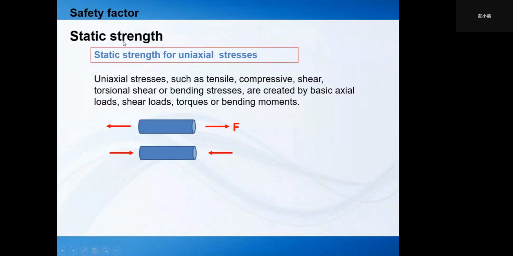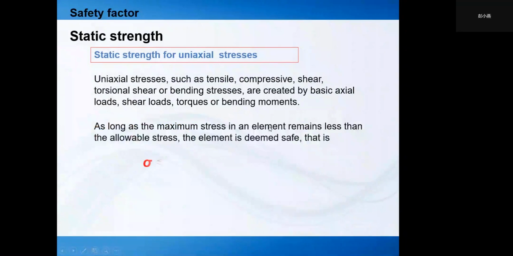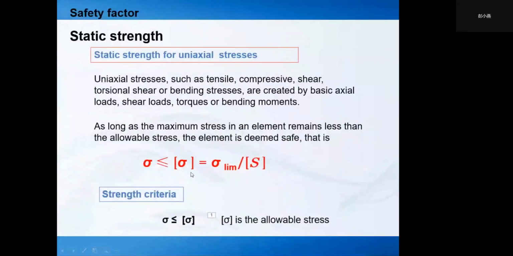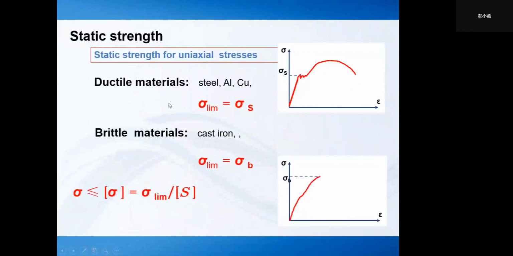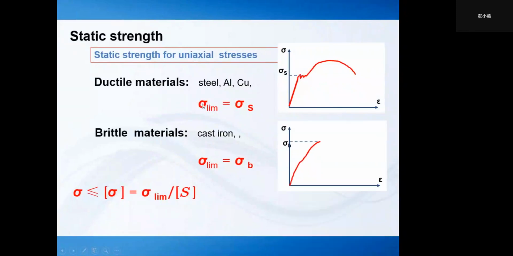And then for the safety factor, when the stress is static, you should master the static stress for uniaxial stresses. We use the strength criteria. For ductile material and brittle material, the limit stress we choose is different.